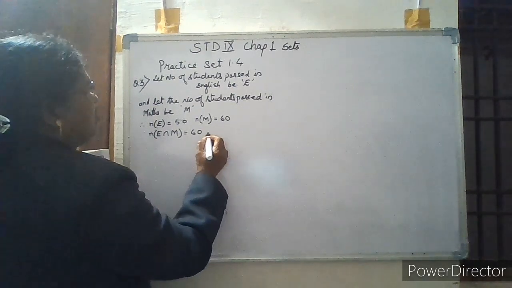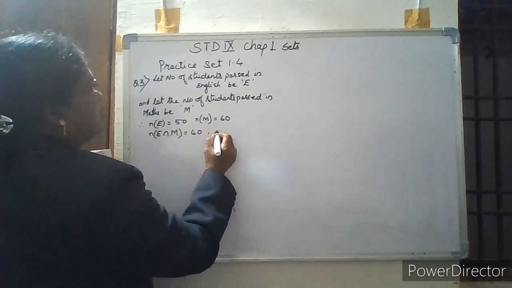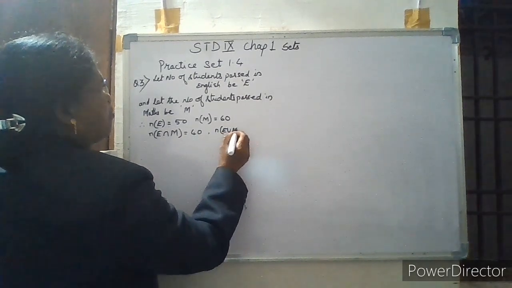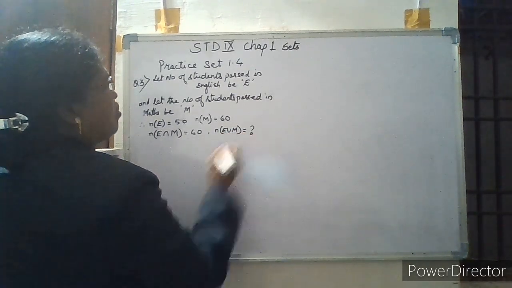Now, what is left in the formula? That is number of students of E union M. This is the question.